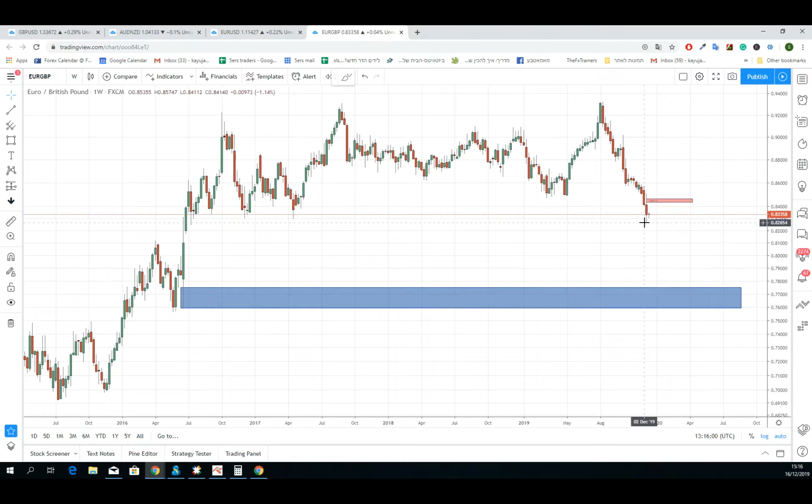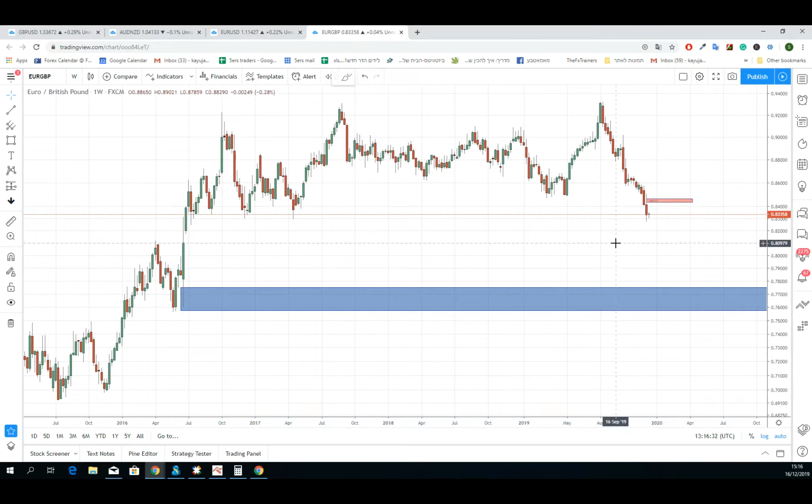Now the price came back to check this level and is still holding, and I believe that the next time the price might break out of this support, and if that happens, most likely the price will tend to reach the demand below, which is the next available demand, as we can see in the weekly chart. I marked it here at the bottom.